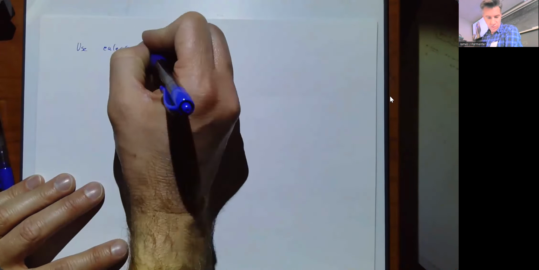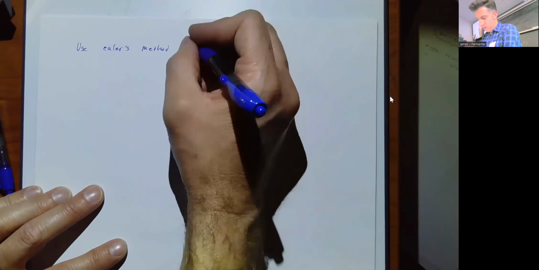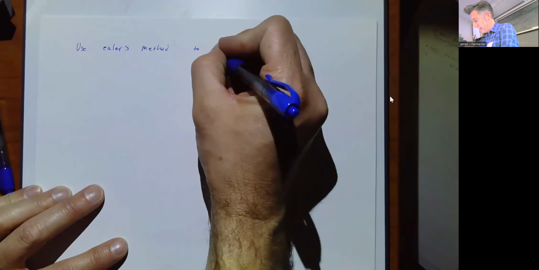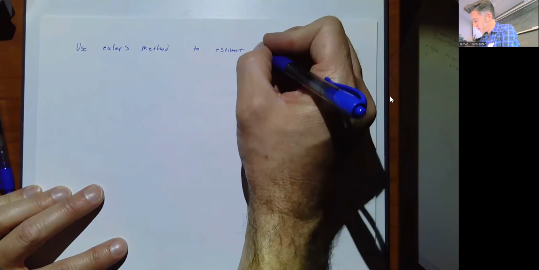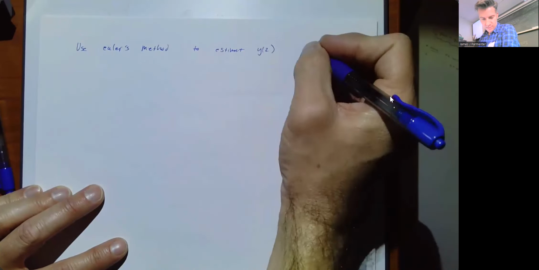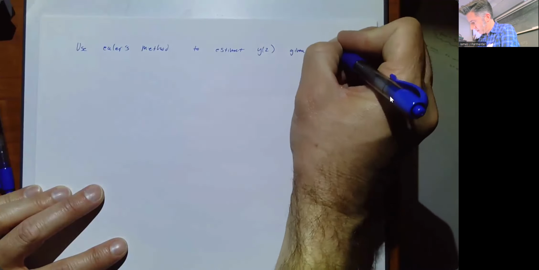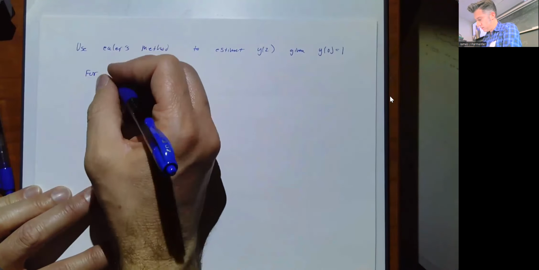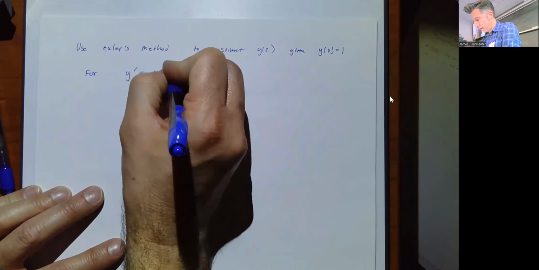Use Euler's method to estimate y of 2, given that y of 0 is equal to 1, for the differential equation y prime is equal to x plus y minus 1.